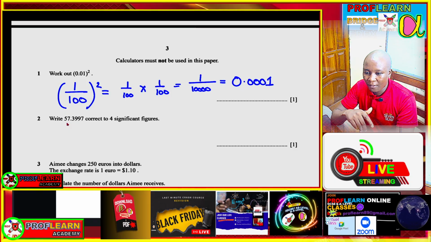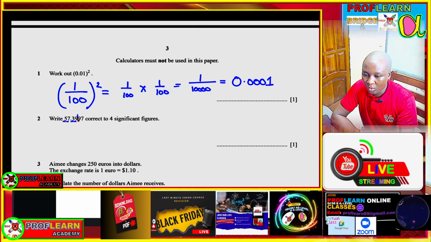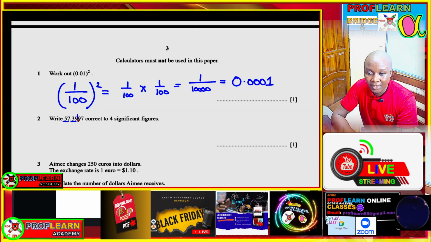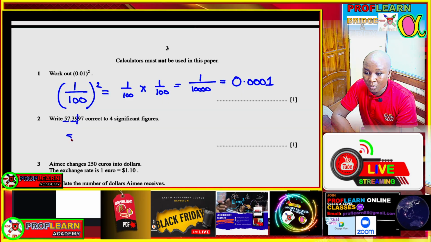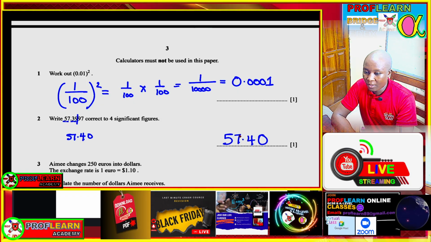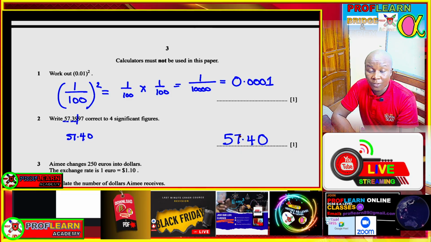So we are going to have 5 as the first significant figure, and we can count 4 of them, and that is going to translate to 57.39. But we have to consider that the number after 9 is more than 5, so we can round up and our answer becomes 57.40 as our rounded value of this number to 4 significant figures.